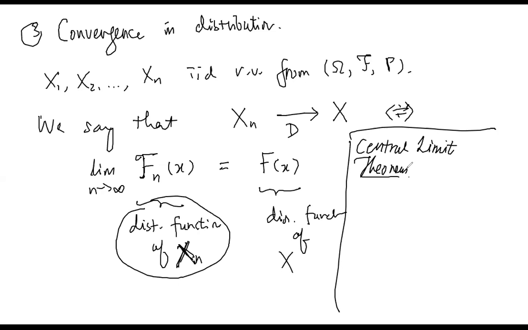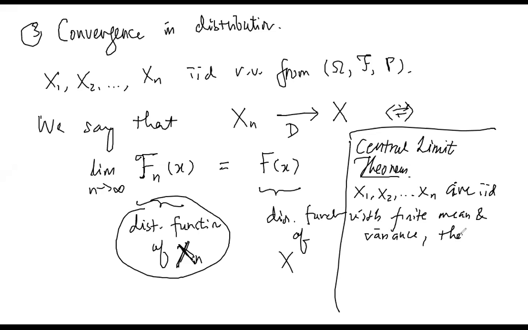So the central limit theorem says that if you have x1, x2, xn, IID with finite mean mu and variance sigma squared. Then you take the sum, so I'll denote Sn as the sum.